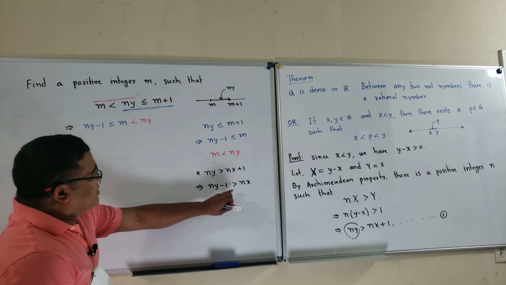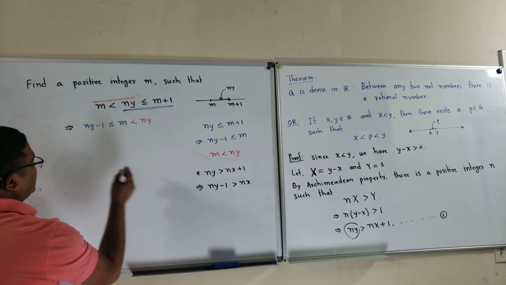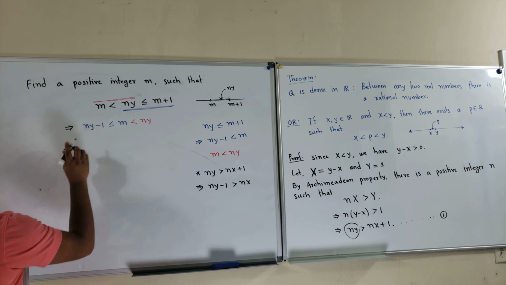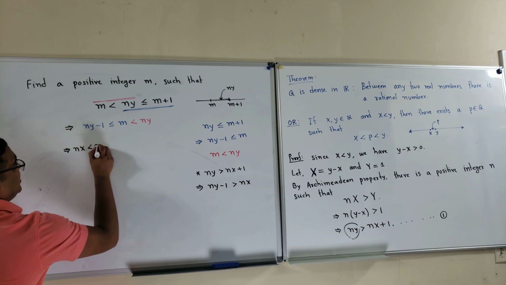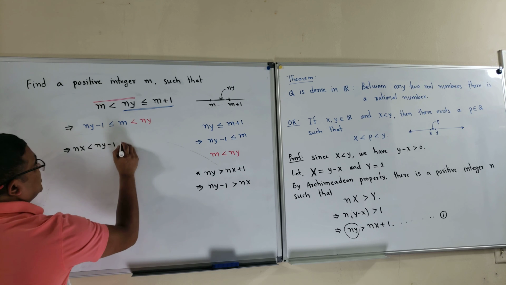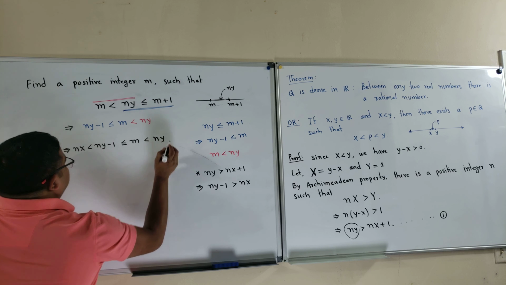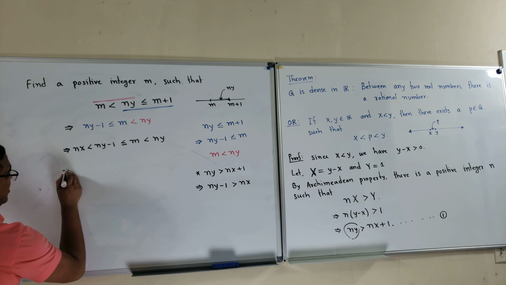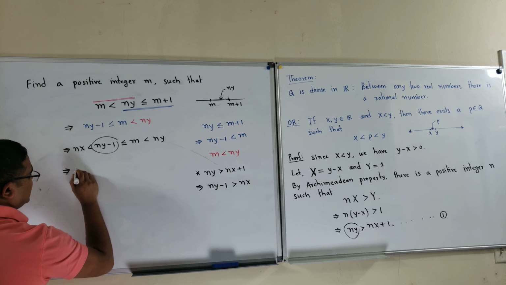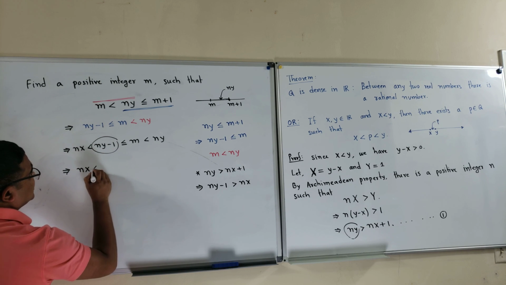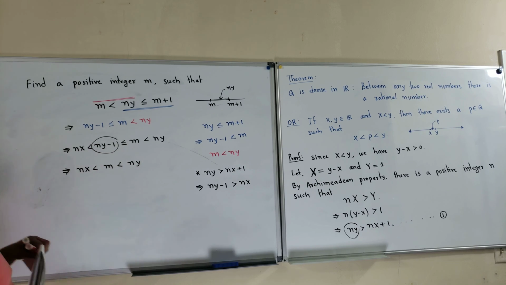So we can write nx less than ny minus 1 less or equals to m less than ny. Now if we omit this part, then we can rewrite this as nx less than m less than ny.